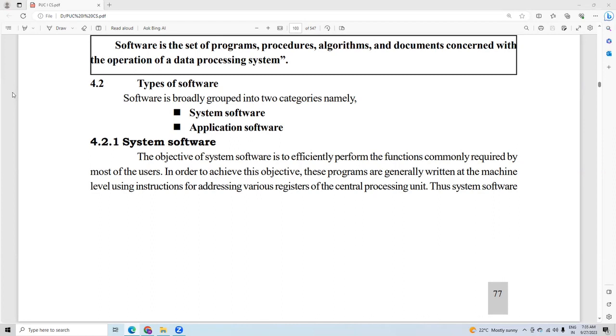System softwares are something like, if your body is functioning properly, then you can do all your studies, gaming, everything properly. If some parts of your body are not functioning properly, you'll not be able to do your regular work, right?